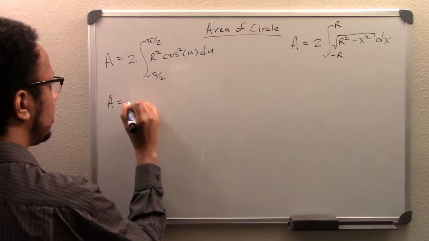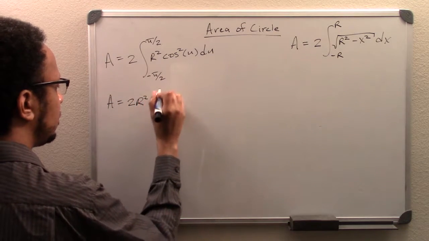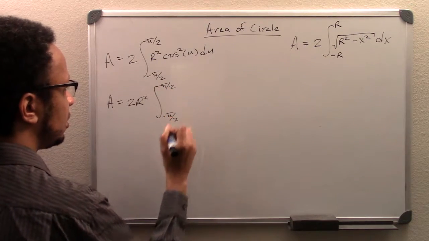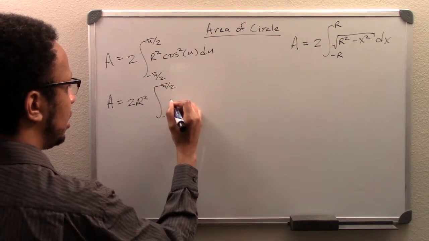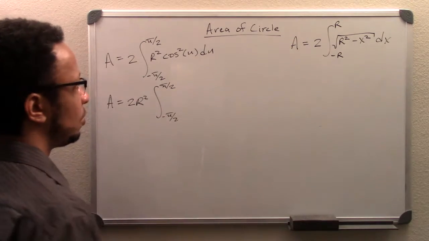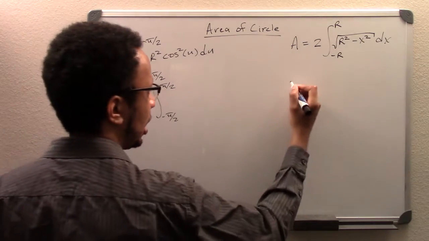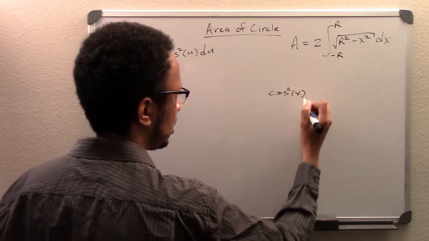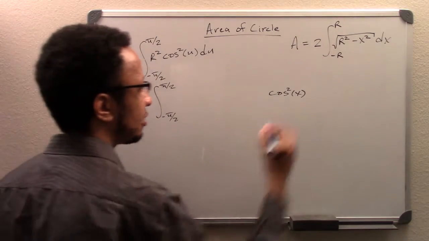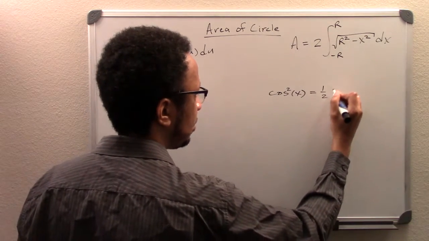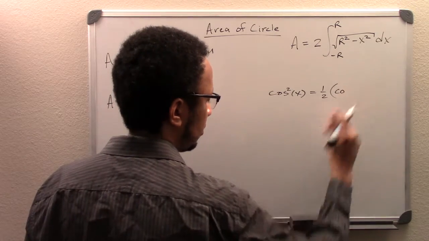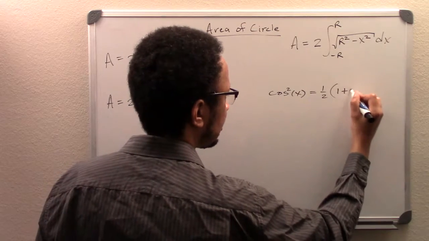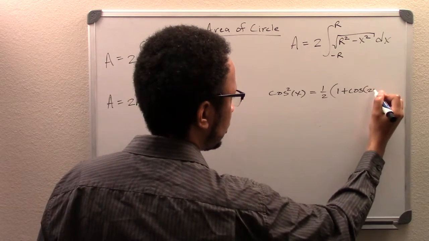So area is now equal to 2 r squared times the integral with limits pi over 2 and negative pi over 2 of cosine squared u. We're going to use a trigonometric relationship here. Anytime we have cosine squared of x, we can make that equal to half of 1 plus cosine 2 times what?